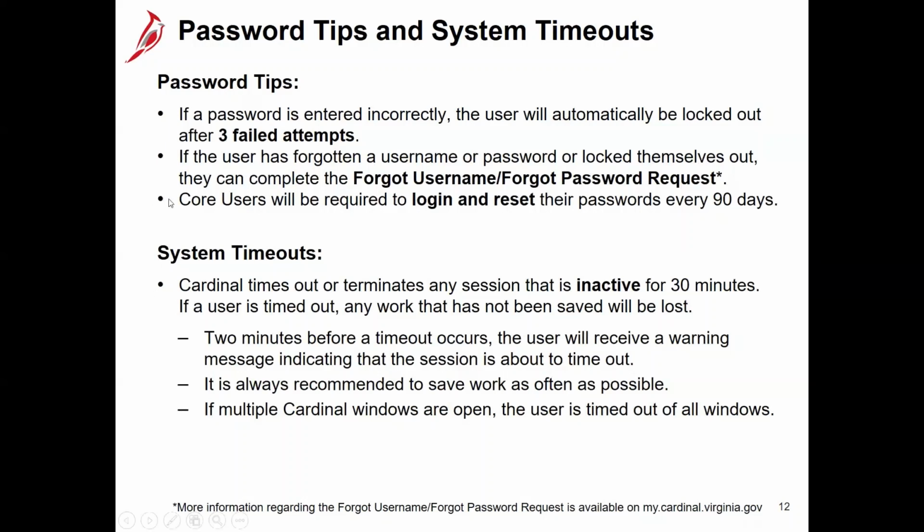If you listen to nothing else related to training and logging on, as a core user, everybody who's on this call is likely a core user assisting their localities with health benefits. You need to log in and reset your password every 90 days. If you do not, you will lose your core user access, meaning you cannot update your data sheet and certify it, or your ACA, or your monthly reconciliation that you need to do.